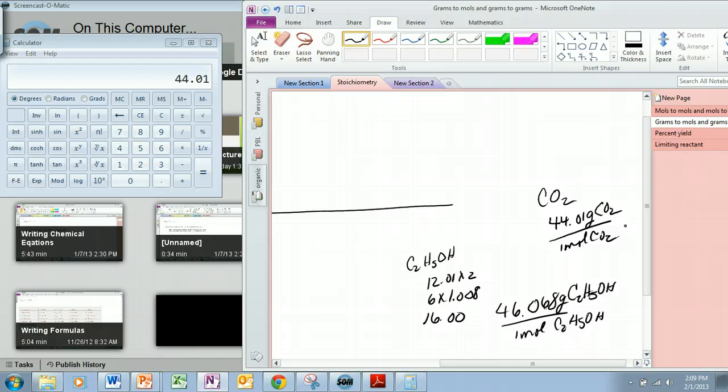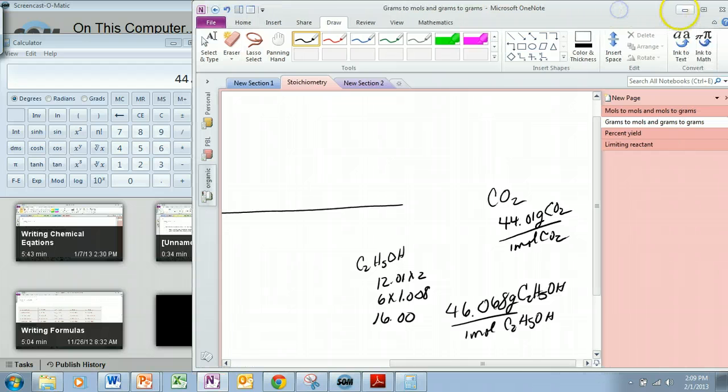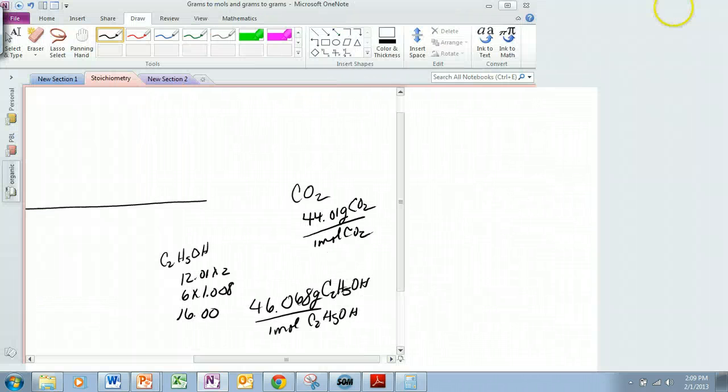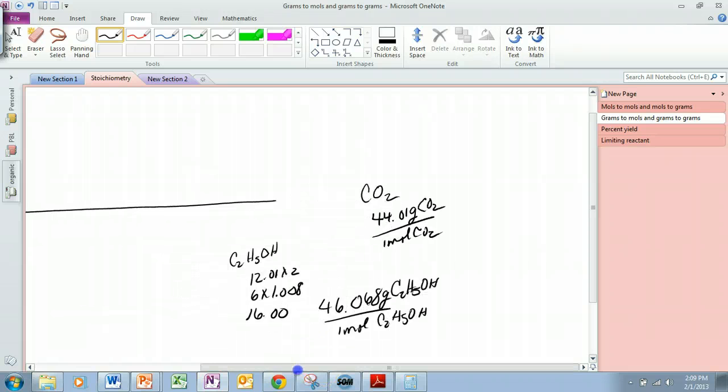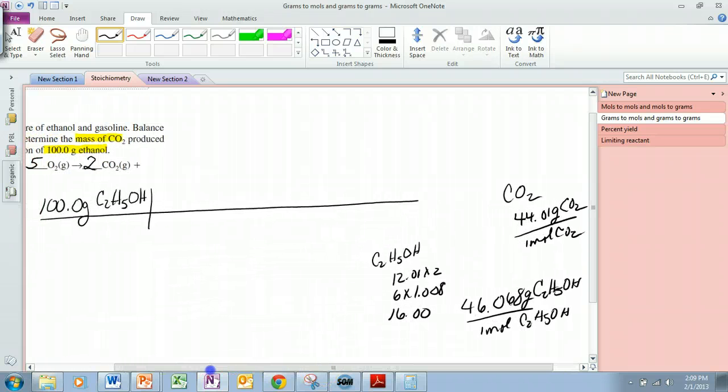Now I probably don't have that in the correct orientation. One of those is obviously upside down because I have moles in the denominator for both. So we'll have to see which way I need it, and I can always flip these over to make them work. And in fact, I think I'm going to have to flip over this first one I figured out because I need grams of C2H5OH in the denominator.